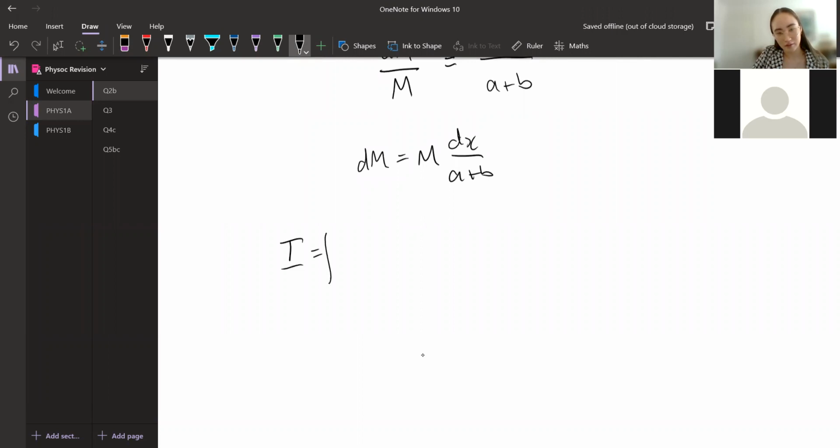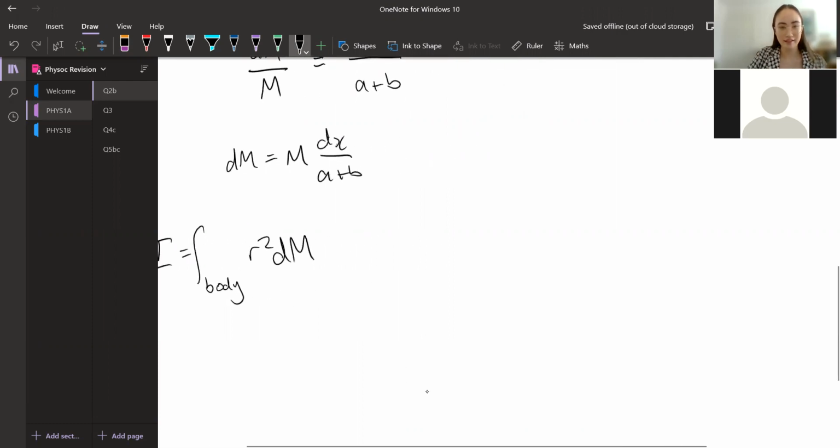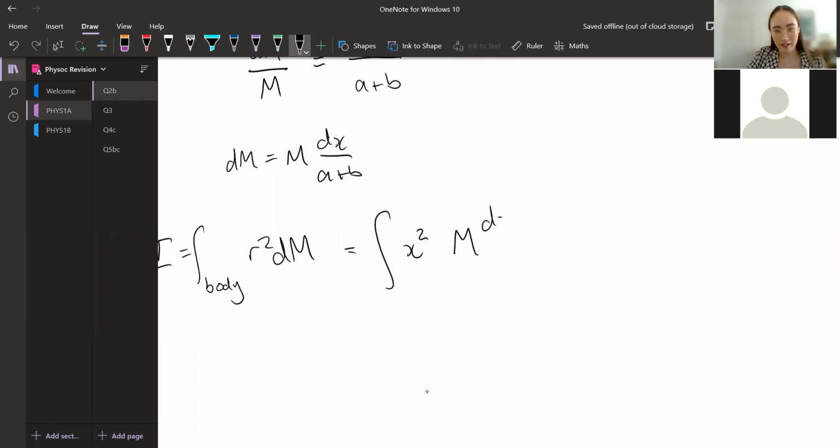So I equals the integral of the body r squared dm. In this case it is going to be the integral of x squared, because that's the only axis we're working in, m dx on a plus b, our equation for dm. And because we're now just looking at a line integral, this goes from -a to b.